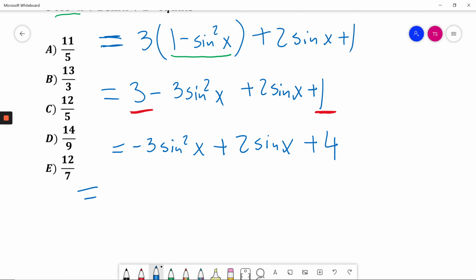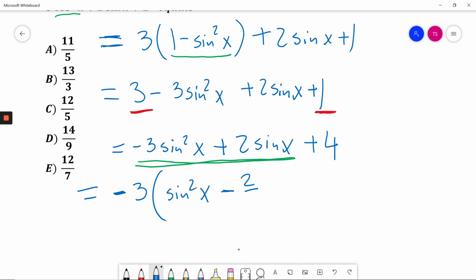At this moment I will put negative 3 in front of bracket for the first two terms. So I divided by 3 here and I change the sign.